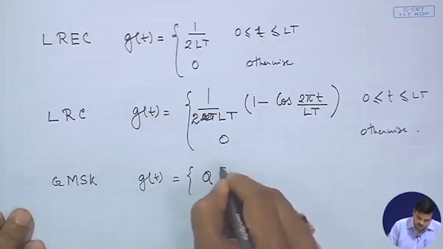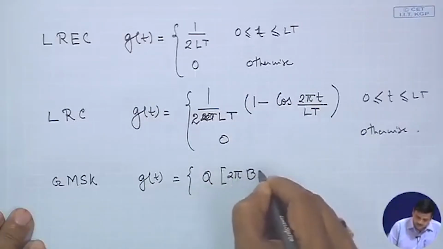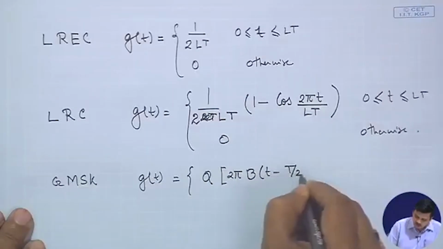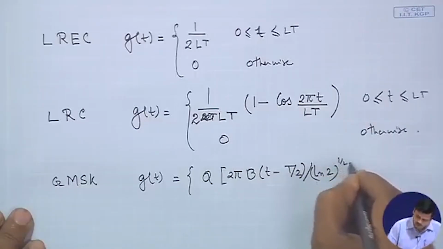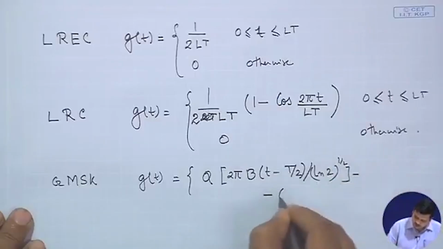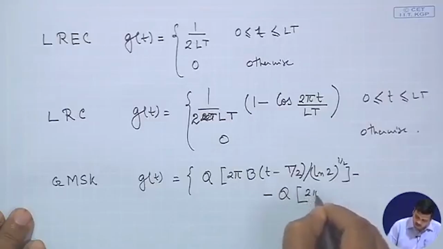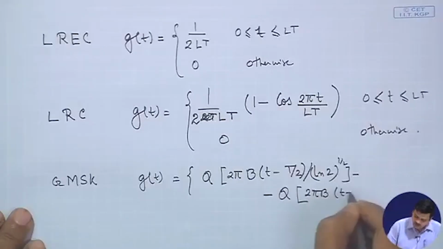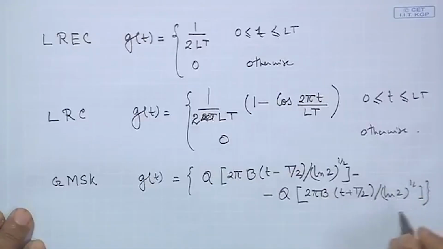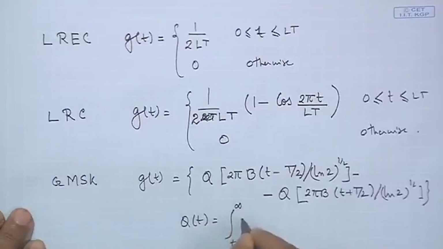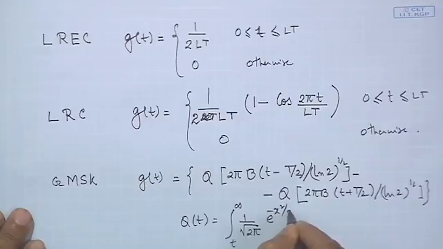You have the Q function of 2 pi B (t minus T by 2) upon the square root of natural log of 2, minus the Q function of 2 pi B (t plus T by 2), where B is a bandwidth parameter and T by 2 clearly gives an offset, upon the square root of natural log of 2, and where Q of t is the integral from t to infinity of 1 upon root 2 pi e to the power of minus x squared by 2 dx.